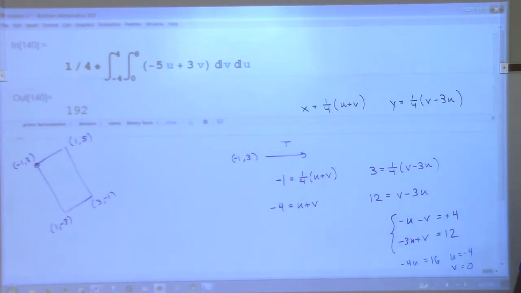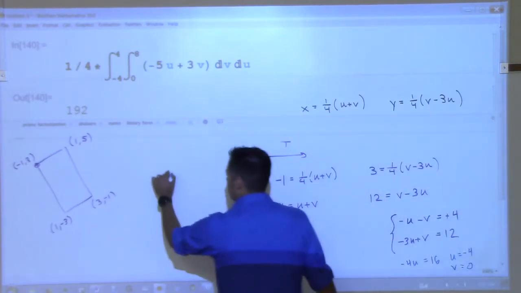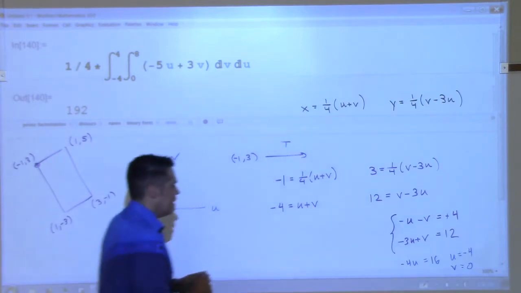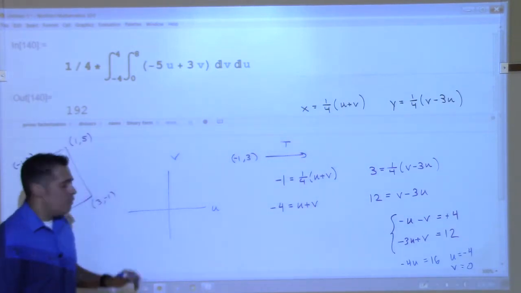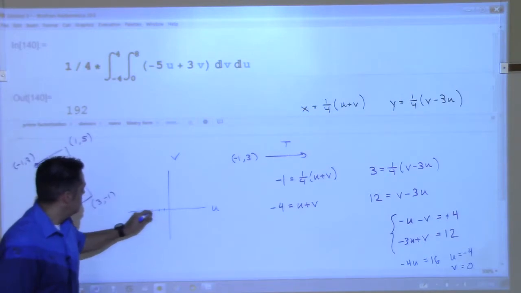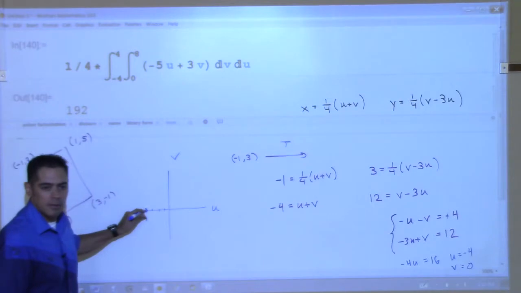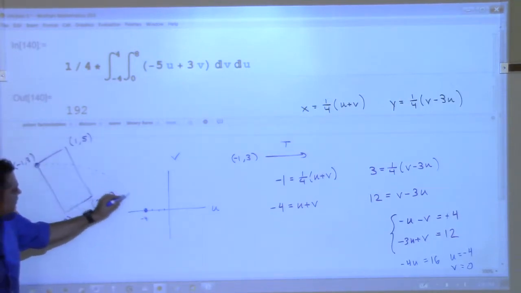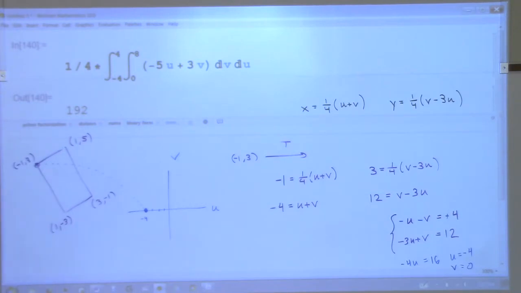So that means that when I go into my uv plane, I go to the point negative 4, 0. Negative 4, 0 is that point right there, right? So that point got mapped over to that. Make sense? And then you could continue to do this.